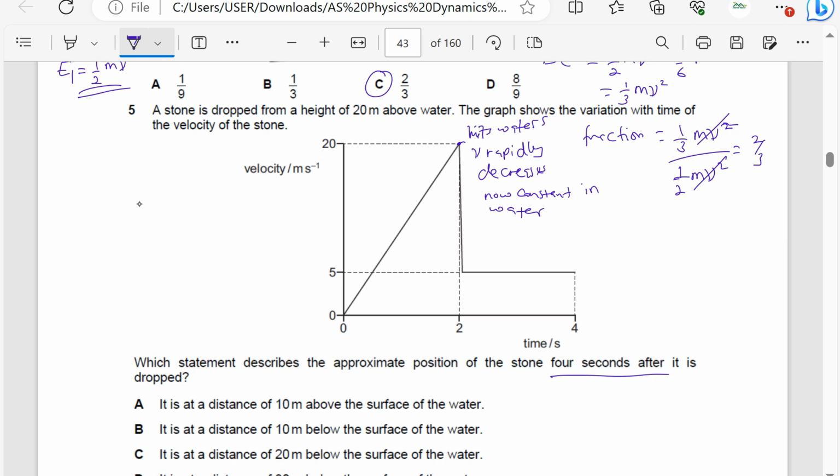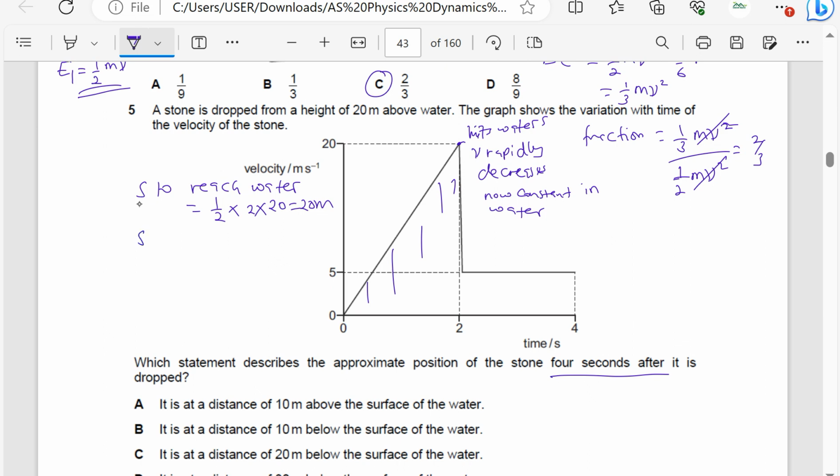So which statement describes the approximate position of the stone 4 seconds after it is dropped? Let's first find S to reach the water surface. That displacement is the area under that graph, which is this one here. So it is a half times the base, which is 2, times 20, which is 20 meters. So it has traveled 20 meters to reach the water surface.